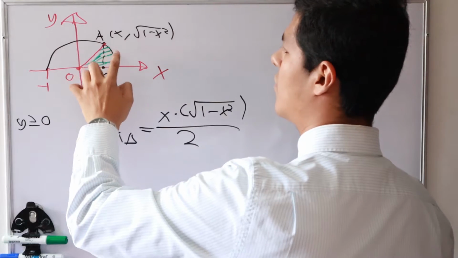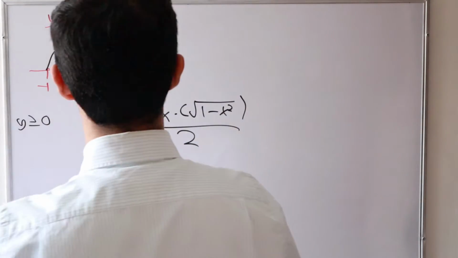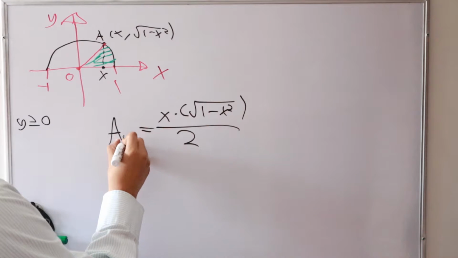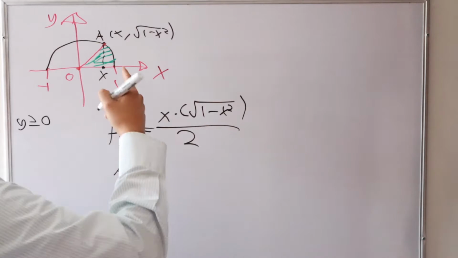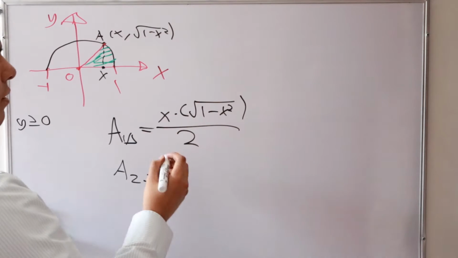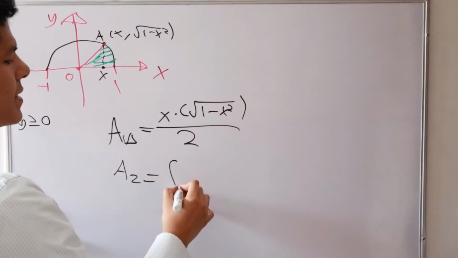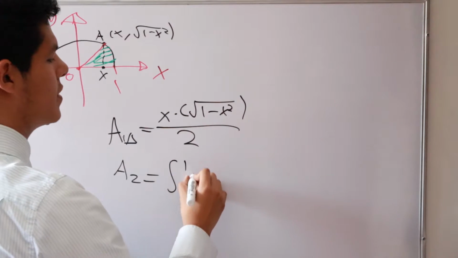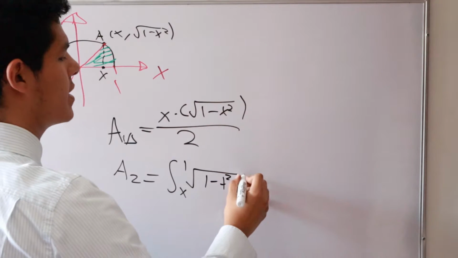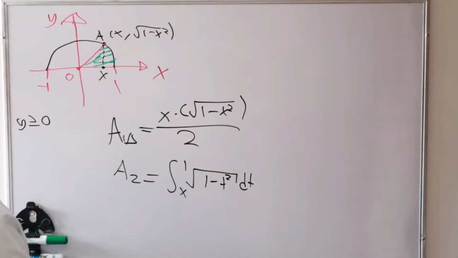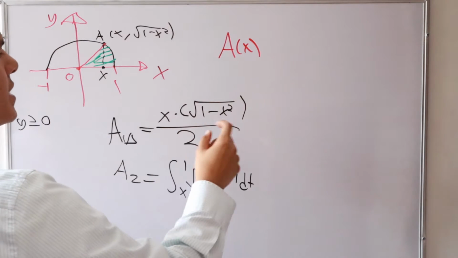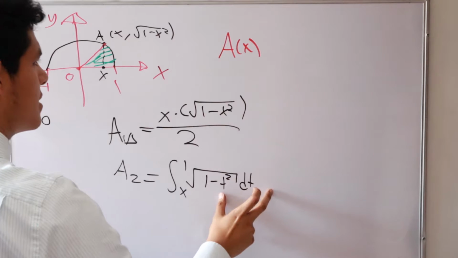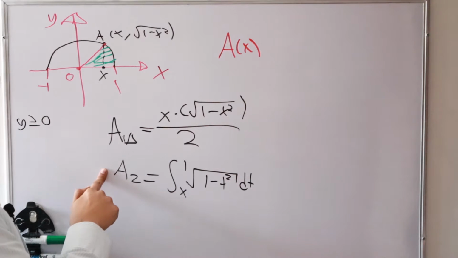So we have to find the other one. This is area 1, and this is area 2. Area 2 equals, we need to use the integral, from x to 1 of the square root of 1 minus t squared dt. So the function that defines the area would be adding this and this, area 1 plus area 2.